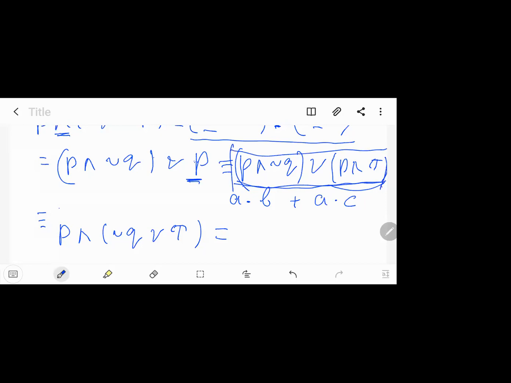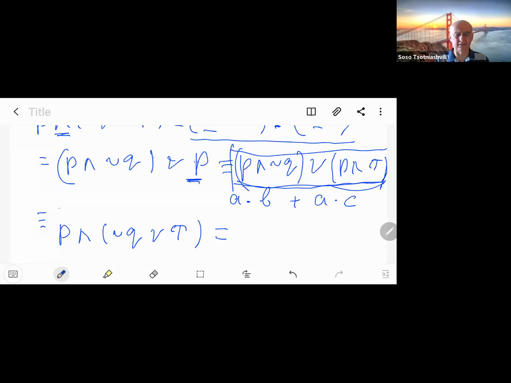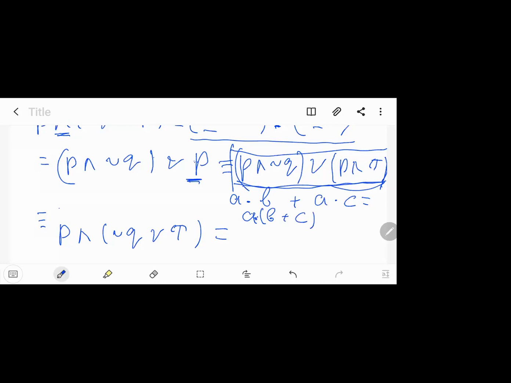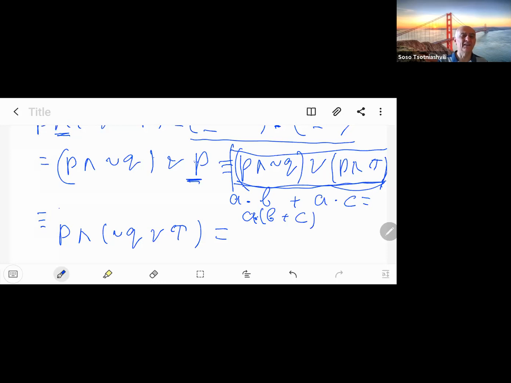I just wrote down P and true instead of P. Okay, now I will write down here the ordinary multiplication distributive law, A times B plus C. Now compare. I understand. Okay, now compare.